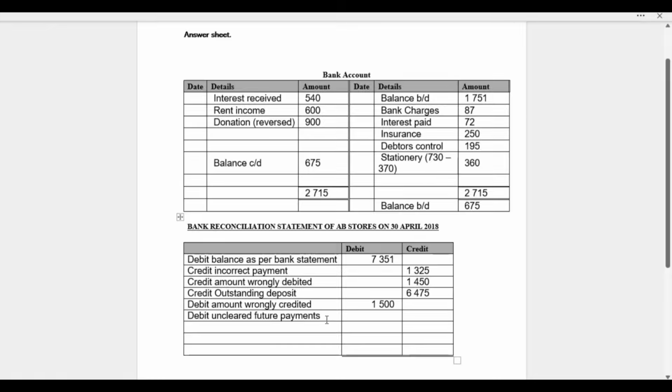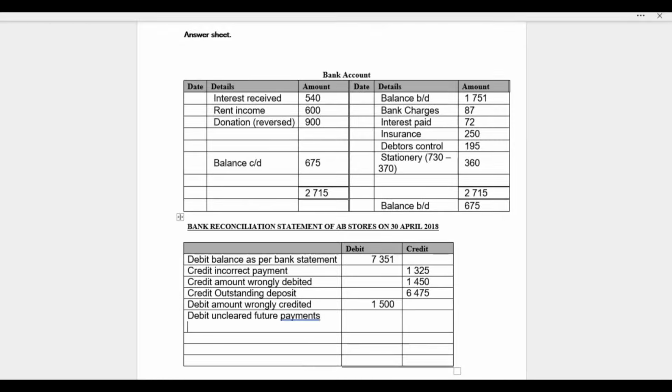And then in brackets there you do the calculations.